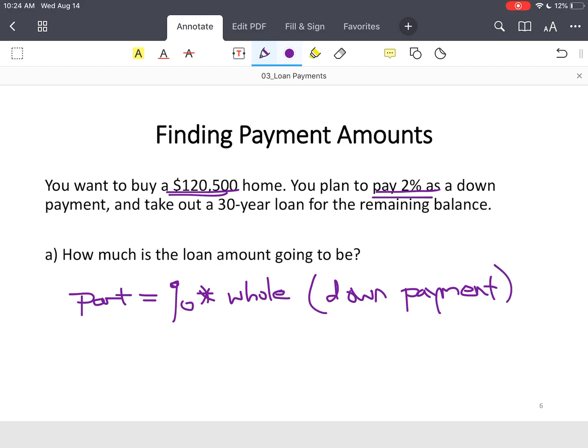So 120,500 times 2%. So your down payment in this case is $2,410. Now that's not your loan amount, that's your down payment.